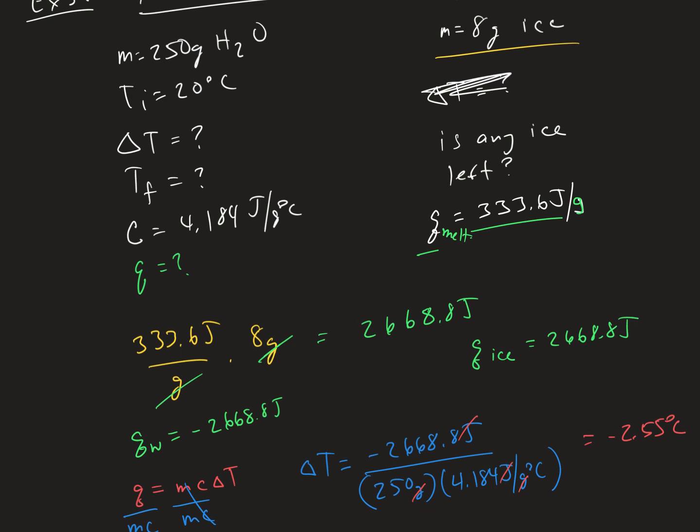So that means our temperature lowers to what? 20 minus 2.55 degrees Celsius is 17.45 degrees Celsius. So is there any ice left?